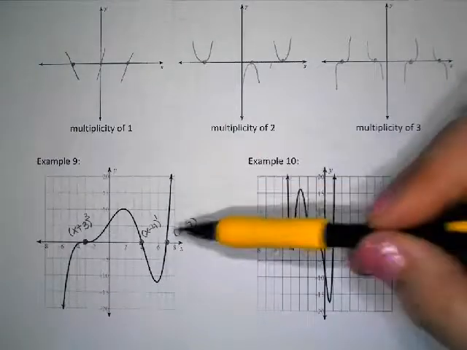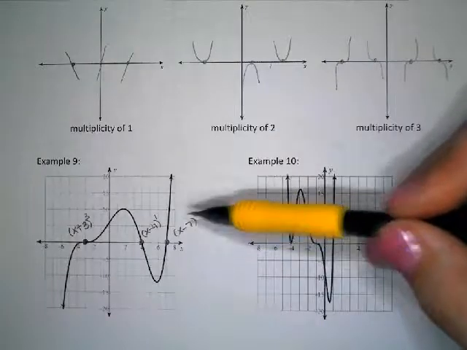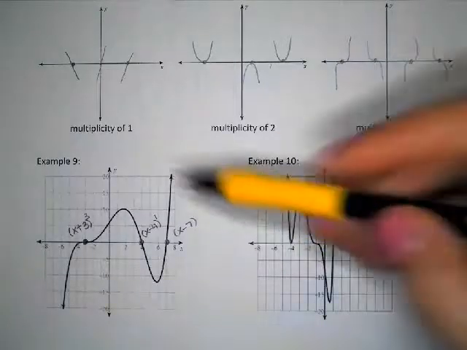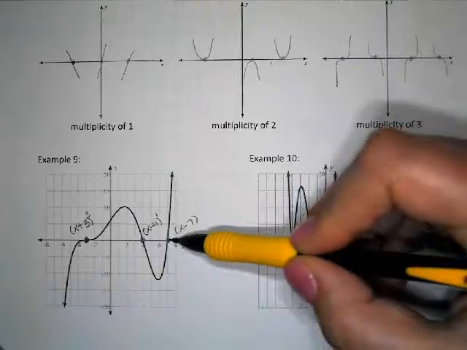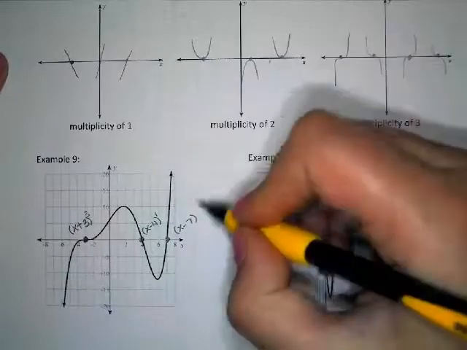Okay. The next one, does it go straight through or does it squiggle through? Straight through. Now I'm going to put my pencil on the arrows. What do we notice? Positive.